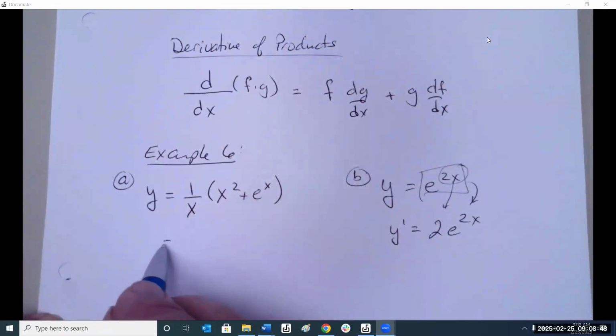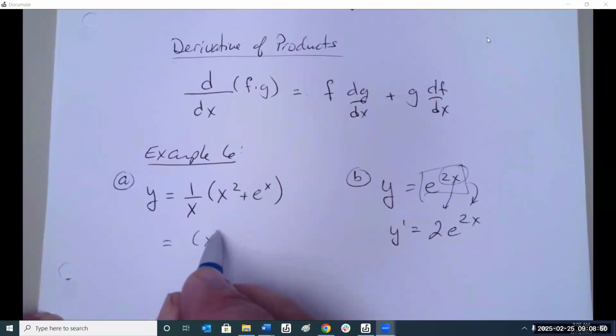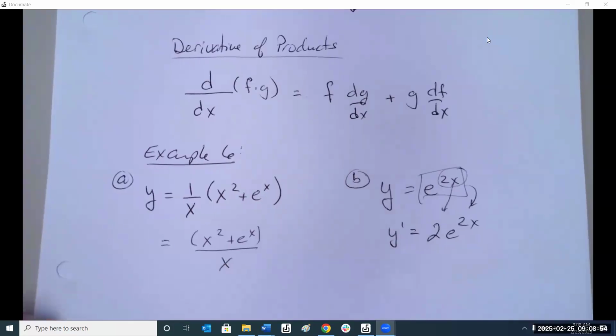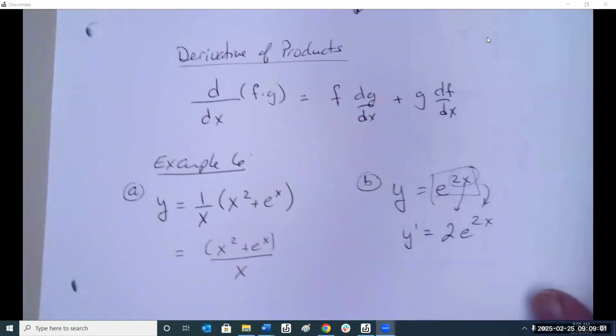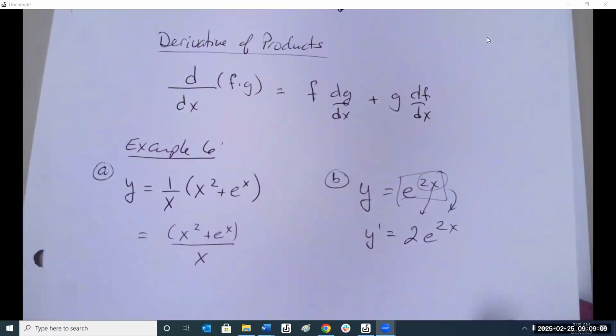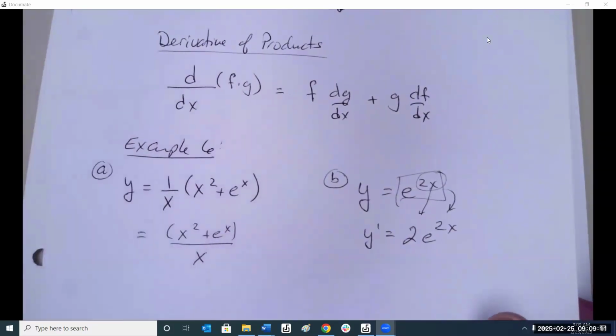Now, what this one looks like is that it's a quotient rule. And instead of memorizing all those rules, I'm going to show you one rule that's going to work for both the product and the quotient.